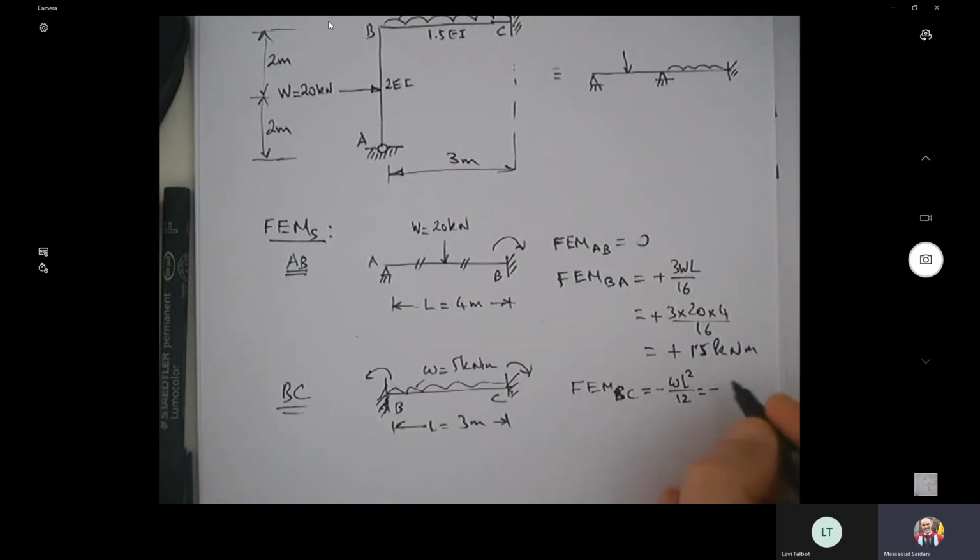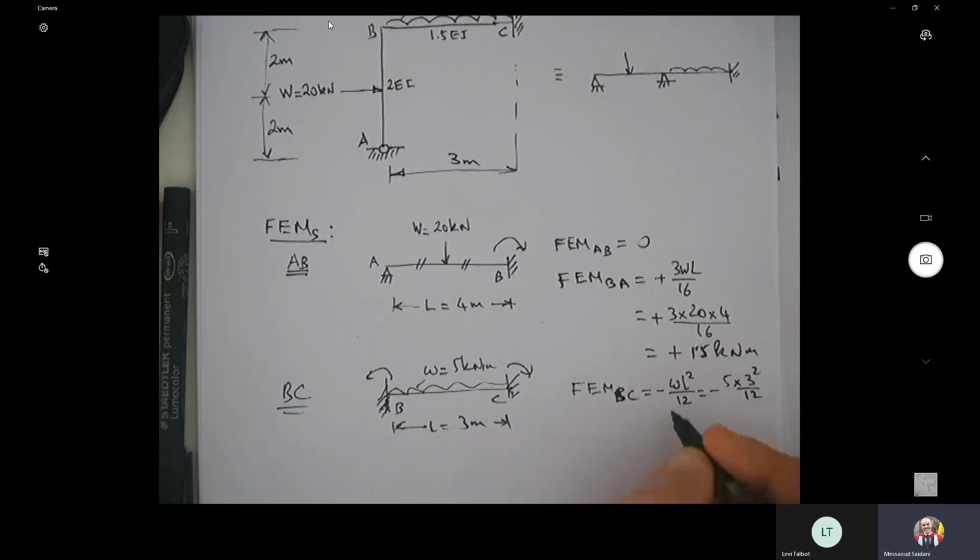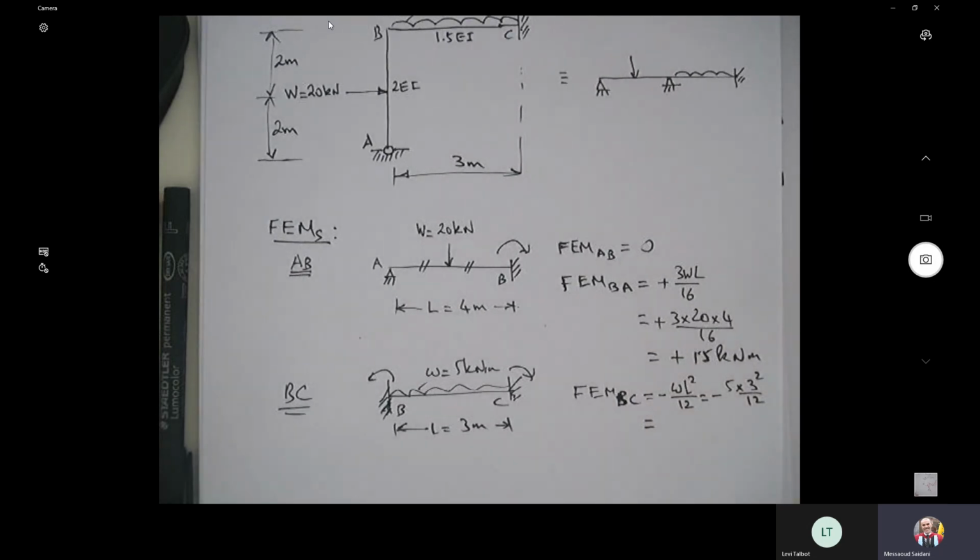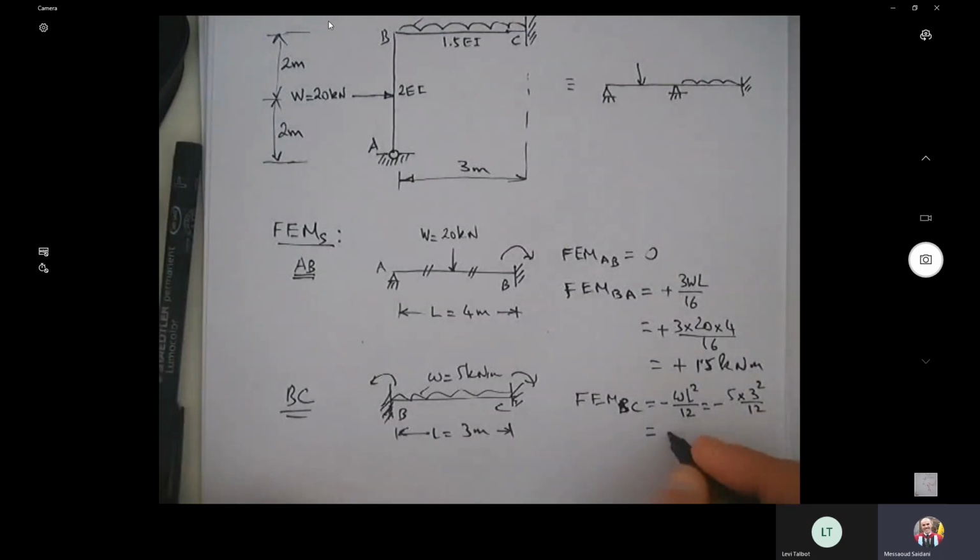Yes, so it's minus 5 times 3 squared over 12. 45 divided by 12, 3 point something, isn't it? Minus 3.75. Thank you very much. So minus 3.75 kilonewton meters.